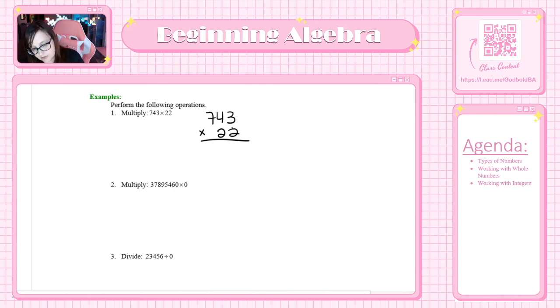So I do 2 times 3, which is 6, then 2 times 4, which is 8, and 2 times 7, which is 14. So that's the first digit of the bottom factor. Now I need to do it for the one in the tens place, the second 2. It's going to be the same thing, because 2 times 3 is still 6, 2 times 4 is still 8, and 2 times 7 is still 14.